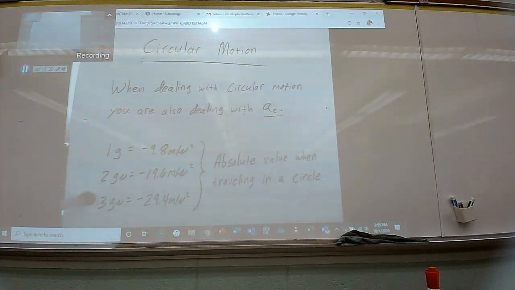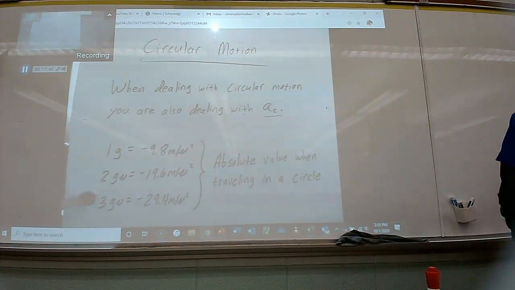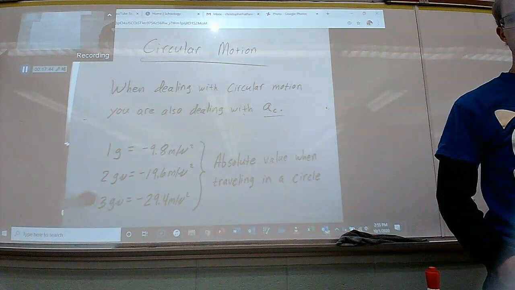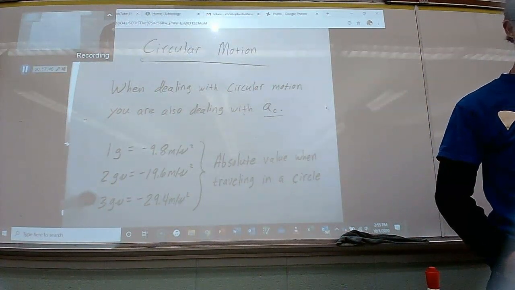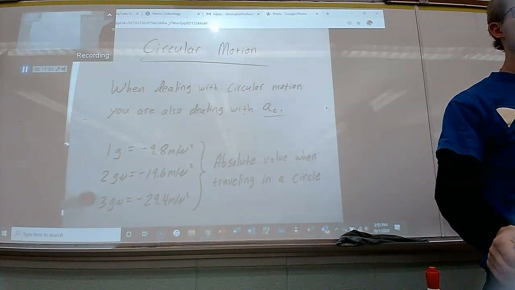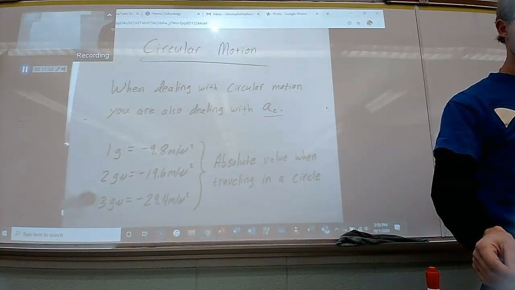Most of the stuff you do in this chapter is not circular related. You just want to make sure you're prepared for the couple that come along that do deal with that kind of motion. What's the first one? V over r.